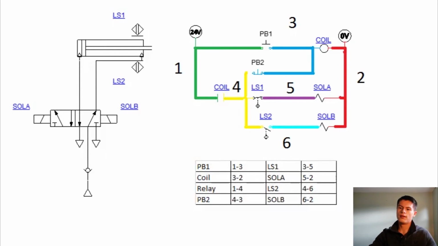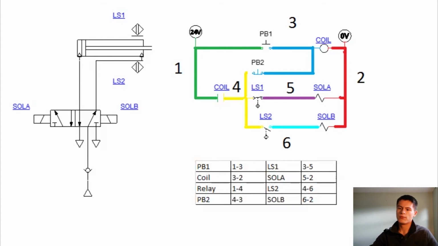Now we're looking at the normally closed limit switch, or limit switch number 1. And let's see, I actually typed this in wrong. Sorry about that, guys. But it actually should be going 4 to 5, as you can clearly see. So yellow to purple. And then solenoid A, this one's right, the purple to the red, or 5 to 2.